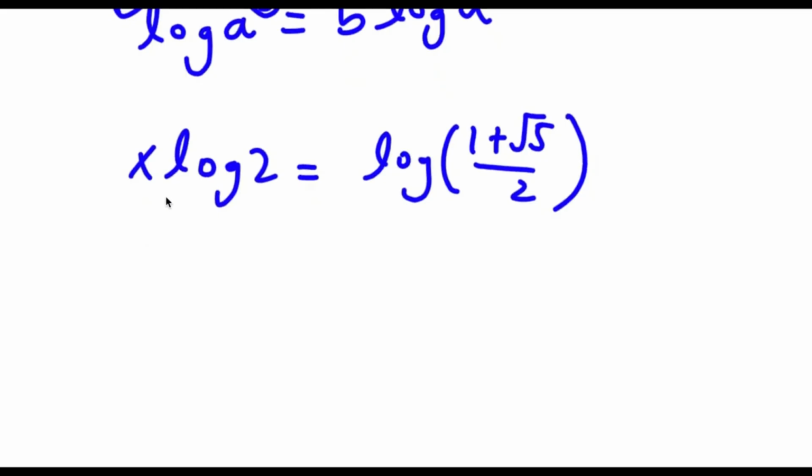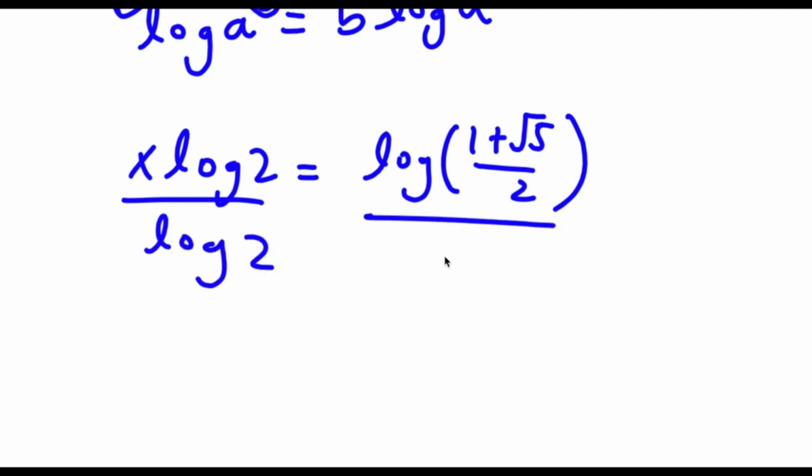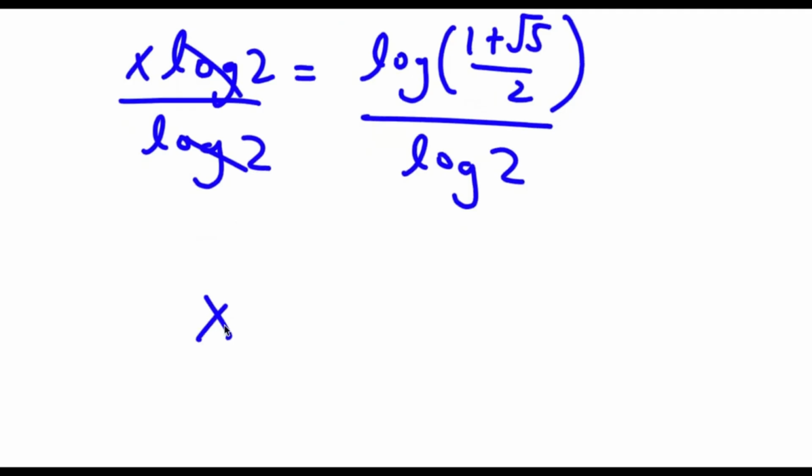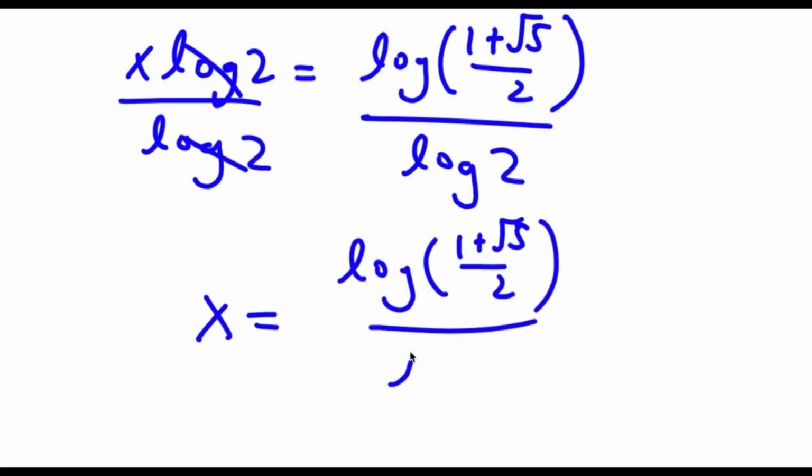Now, if I divide both sides by log 2, these two cancel out, and I'm left with x is equal to log of 1 plus the square root of 5 over 2, over log 2.